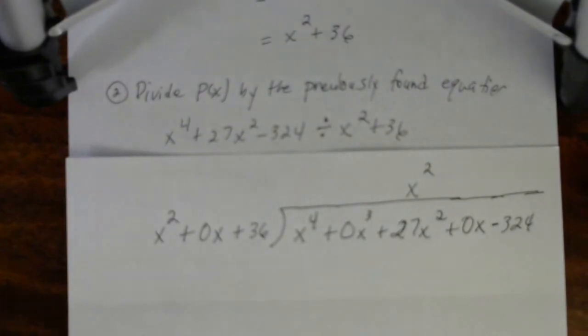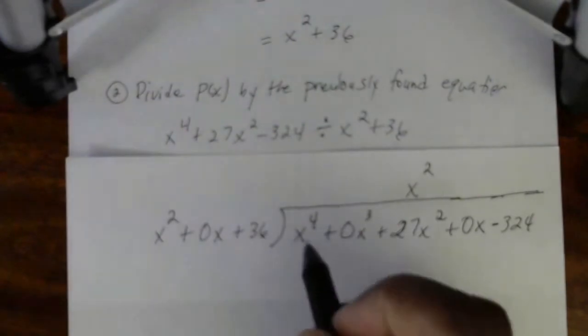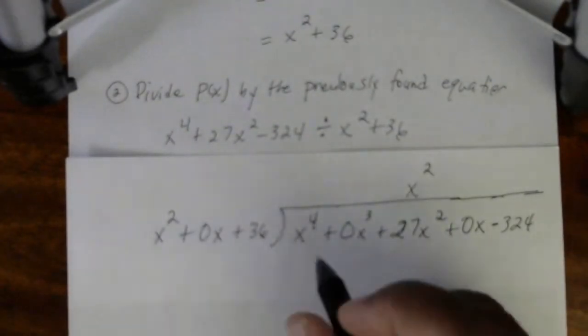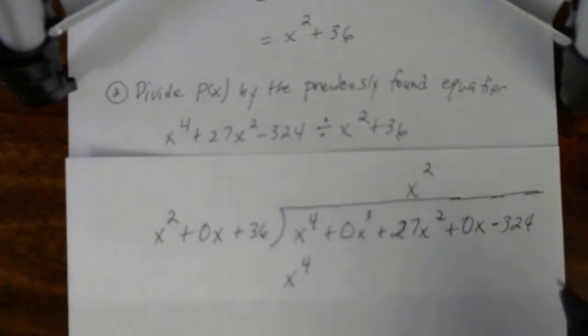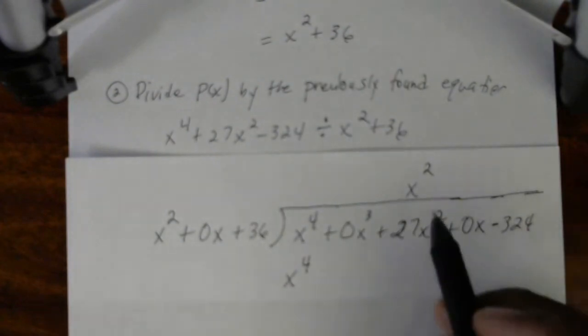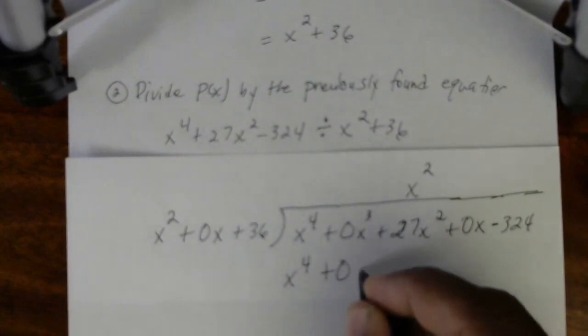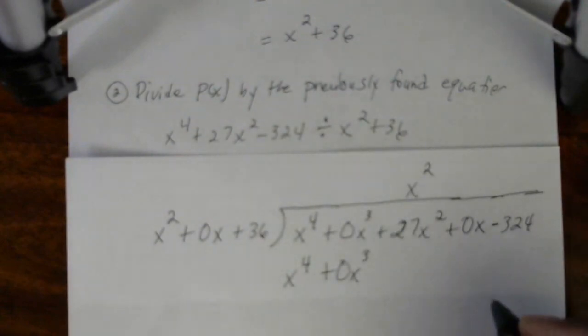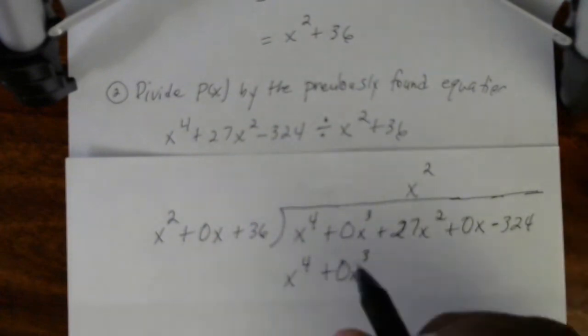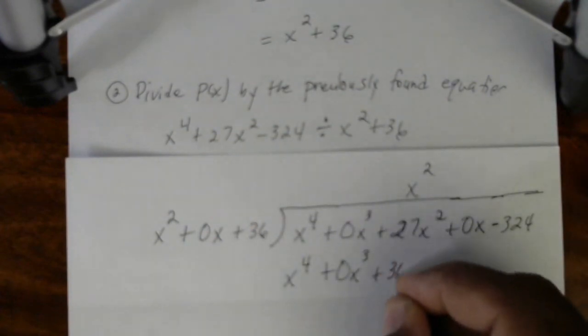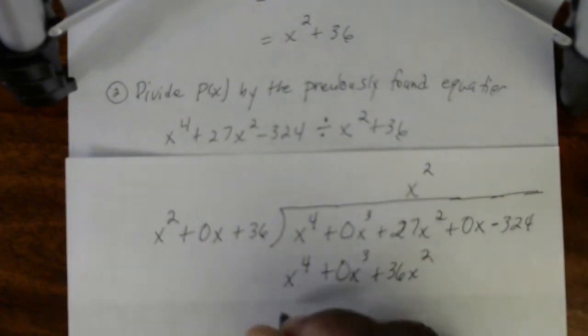So we have x squared times x squared, which is x to the fourth. We have x squared times 0x, which is 0x cubed. Then we have x squared times 36, which is 36x squared.